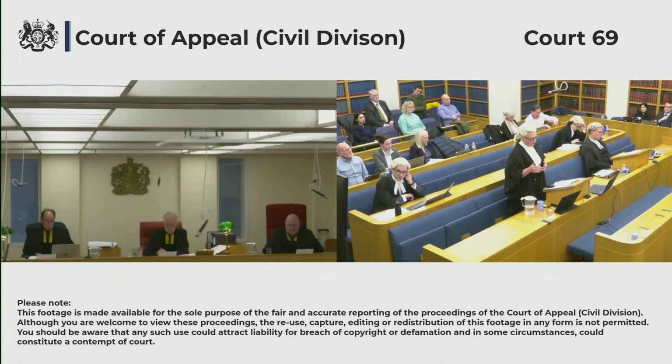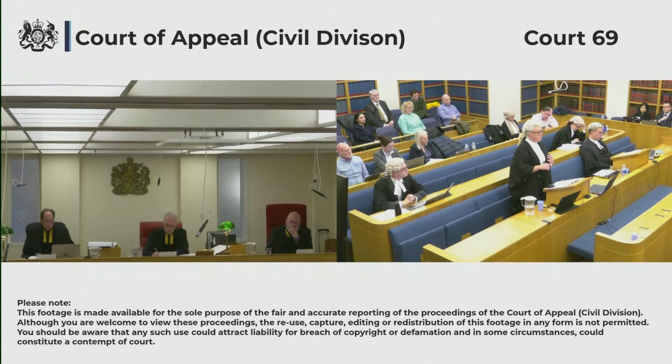Now, similarly, looking at our case, the factual matrix clearly includes the fact that not only were the leases granted pursuant to the right to buy, and that contained the implied covenant, as we've discussed, to make good structural defects, but also that these were LPS blocks that were known to be defective in design.